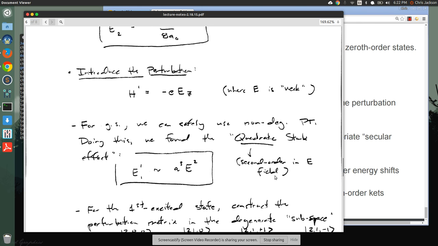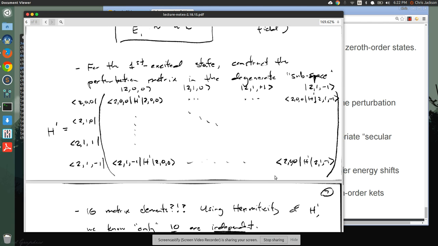So the first excited state, you've seen, is fourfold degenerate. That means the perturbation matrix we construct is going to be, what are going to be the dimensions of it? That's right, 4 by 4, and it's a mess. So we have a 4 by 4 matrix.